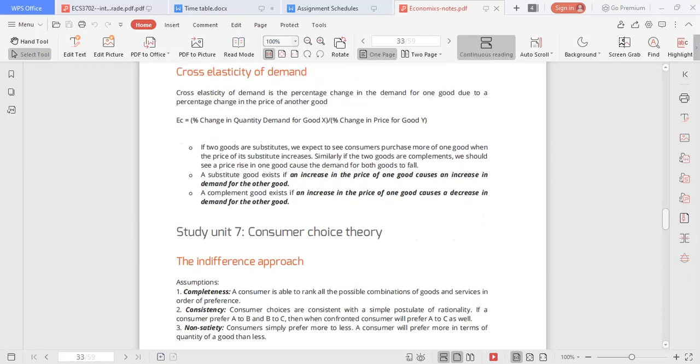Okay, do you have any questions on the concept of elasticity? I will also compile. I think I have them already. Let me check. I think I have questions on elasticity.